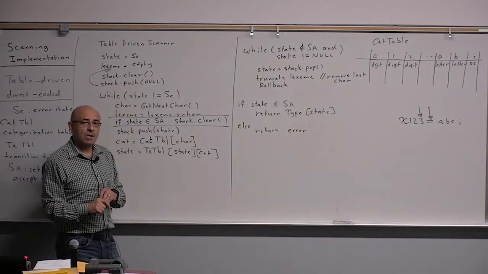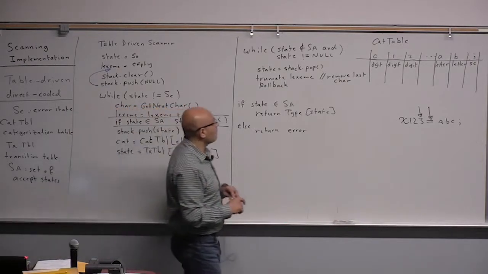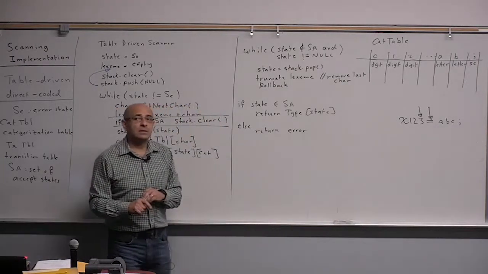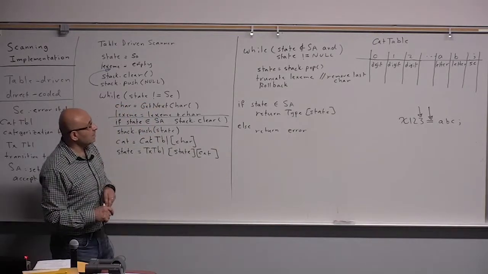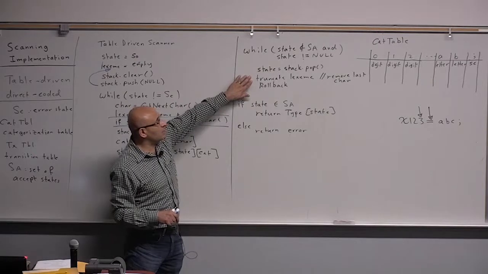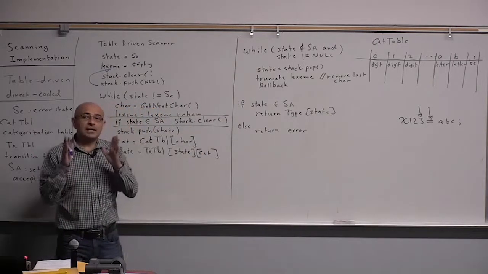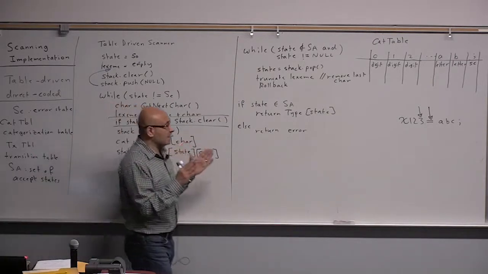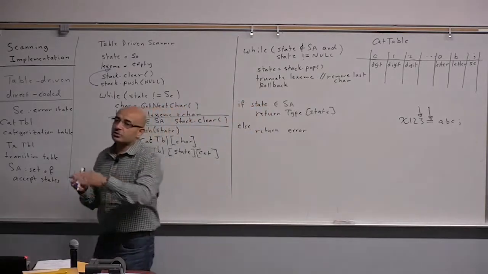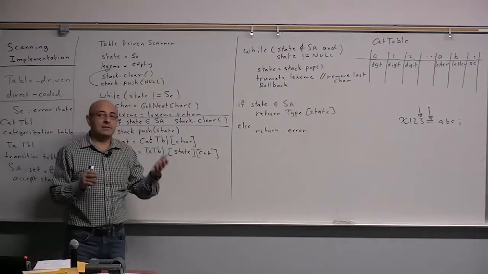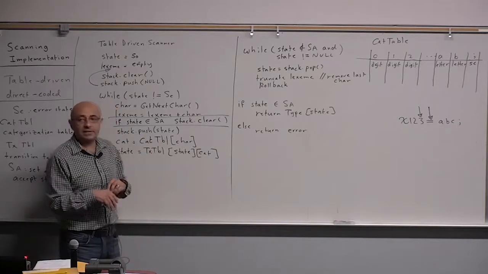How do we return the lexeme? This is pseudocode. To truncate the lexeme, your lexeme is a string saved in a buffer, and you just go back to the previous index in the buffer.